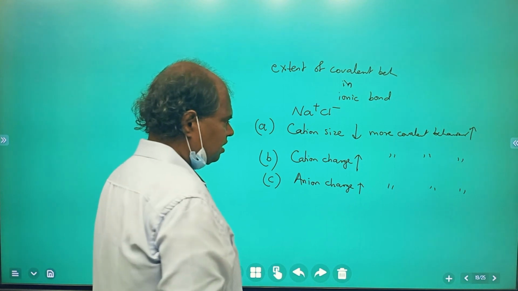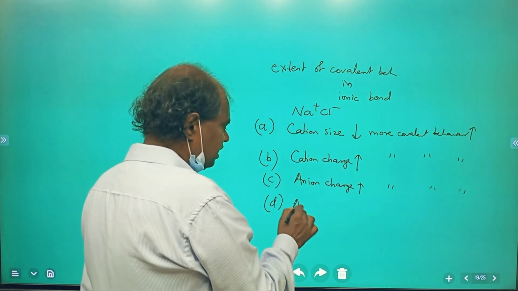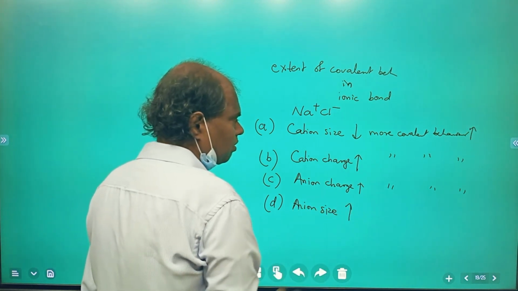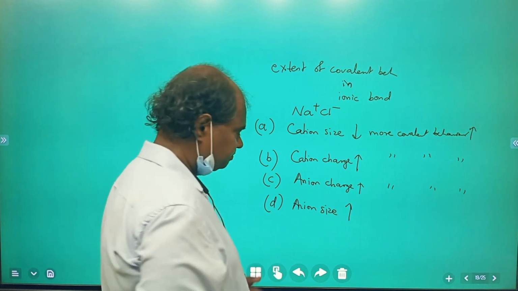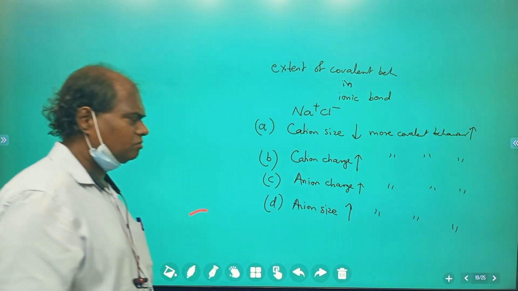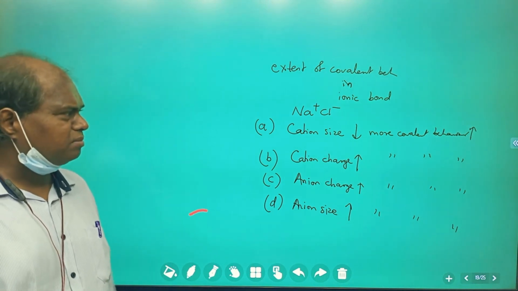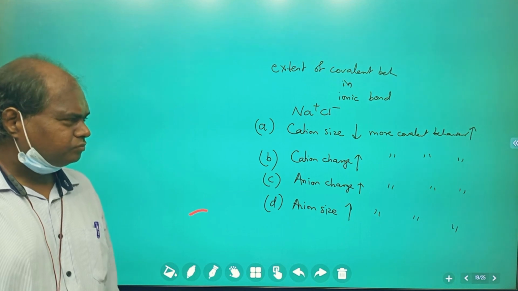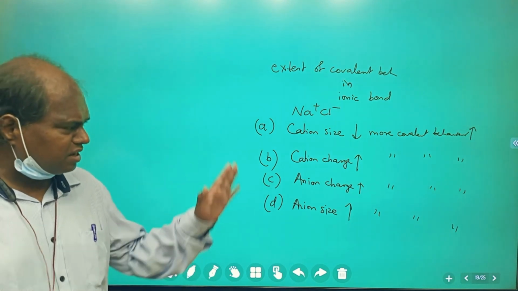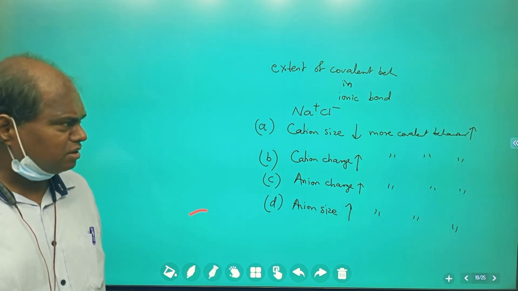Higher the cation charge, higher the anion charge. And the last one, anion size should be high, student. Then it can be easily polarized. So these are the four factors which determine the covalent behavior. Except the cation size, everything should be on a higher side. Can you see that? You'll get more and more covalent behavior.